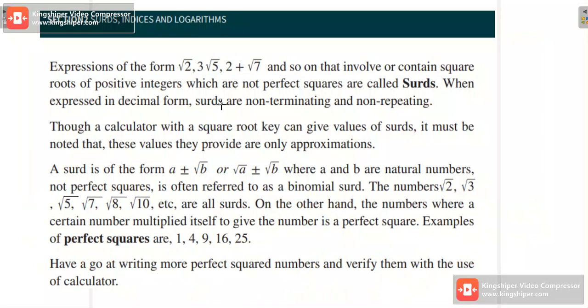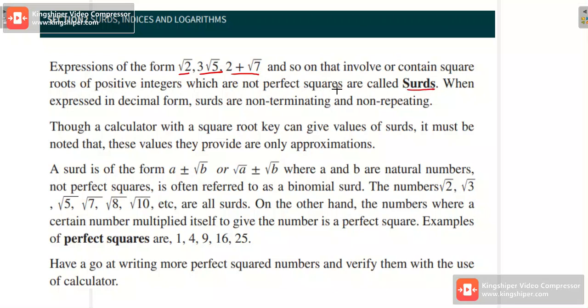Expressions of the form root of 2, 3 root of 5, and 2 plus root of 7, and so on, that involve or contain square roots of positive integers which are not perfect squares are called surds.